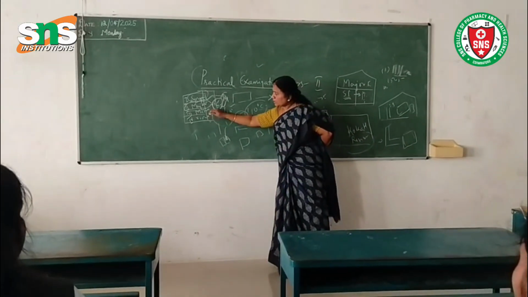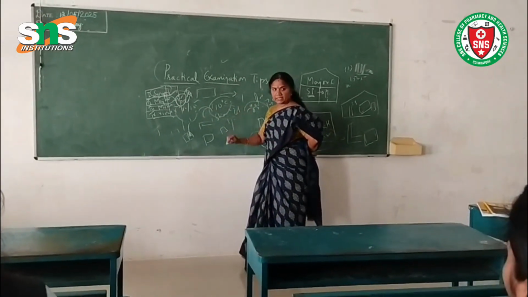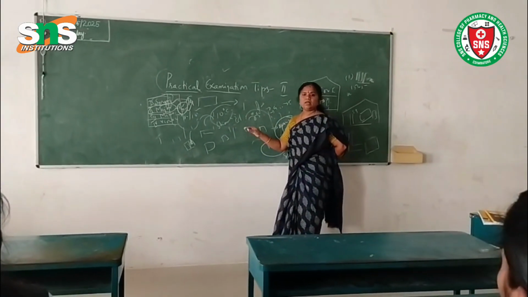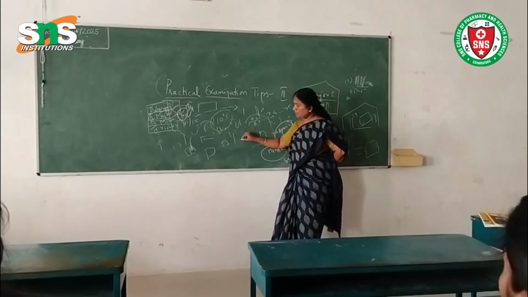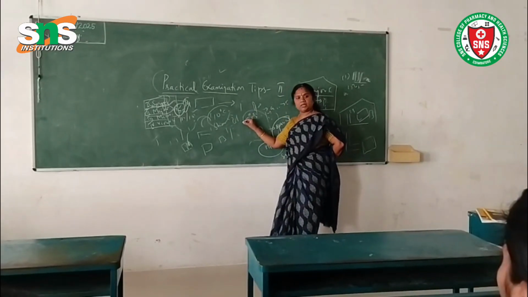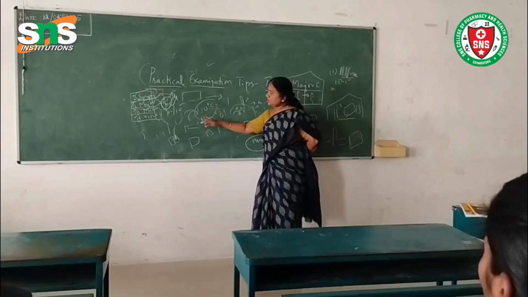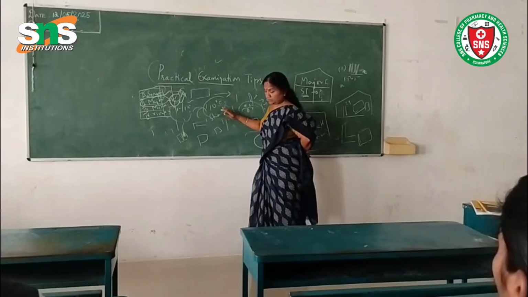If you have some errors, you have to calm yourself and say, I have done it already, this is not a big task, I will complete it, I will repeat it. No examiner will say no. Even if you go wrong, be bold, be confident and be honest that this went wrong, I will do it again. Don't think that the marks will be reduced; honestly, they will give you marks.